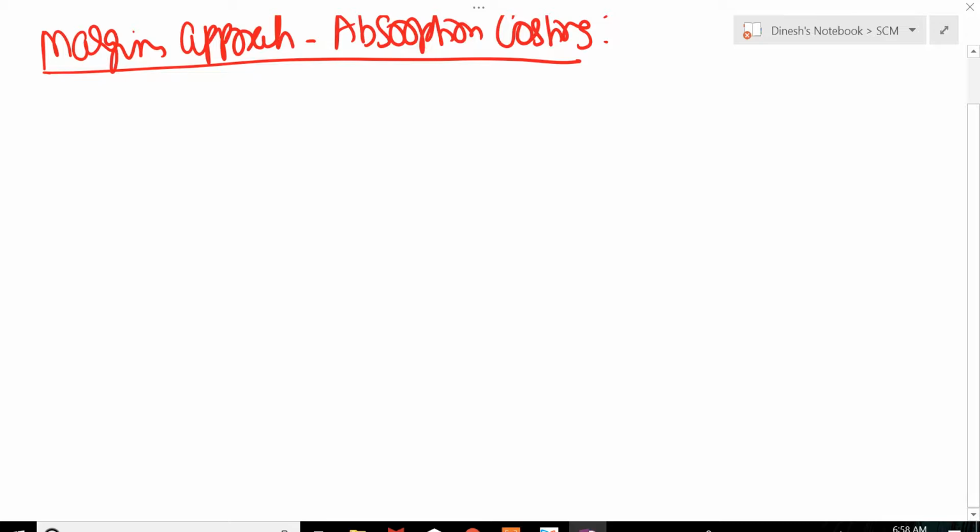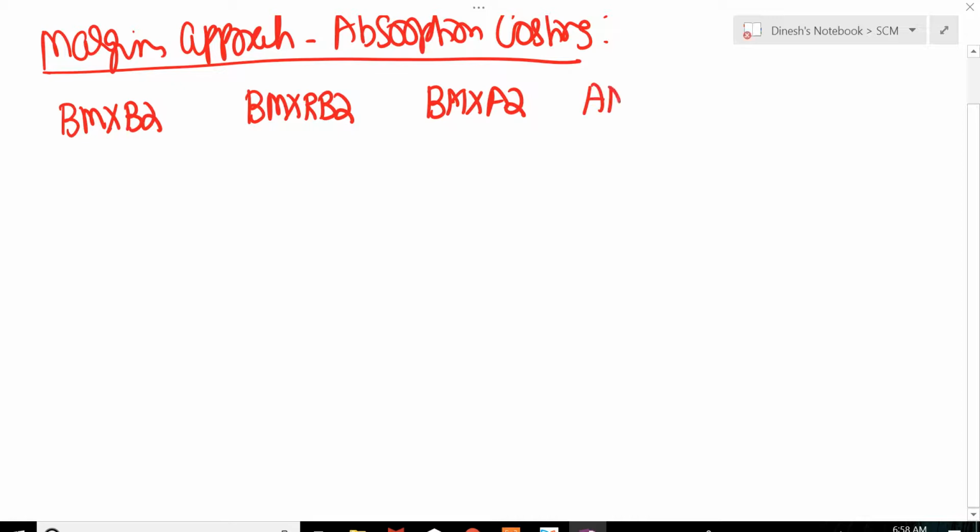So the formula table will become BM into BQ, BM into RBQ, BM into AQ, AM into AQ, BM into BQ, BM into RBQ, BM into AQ, AM into AQ.